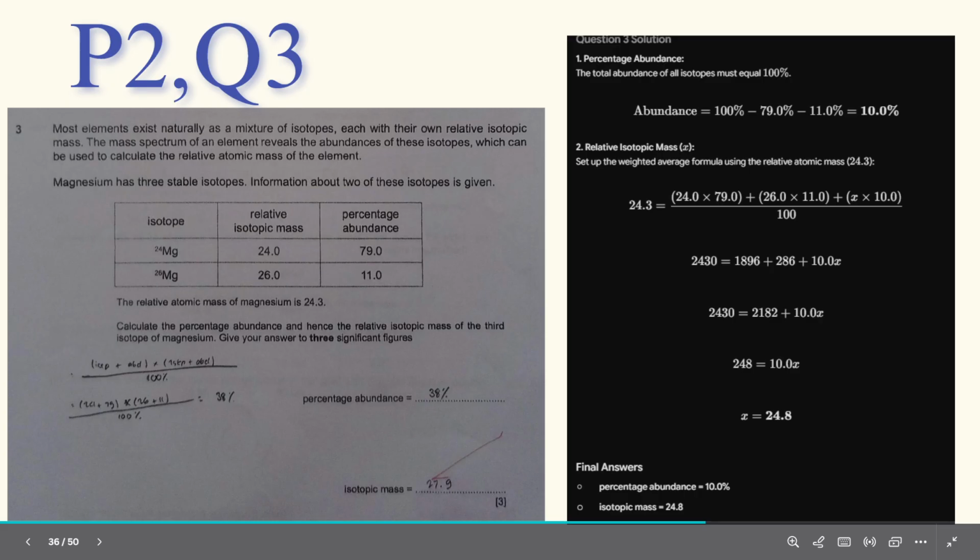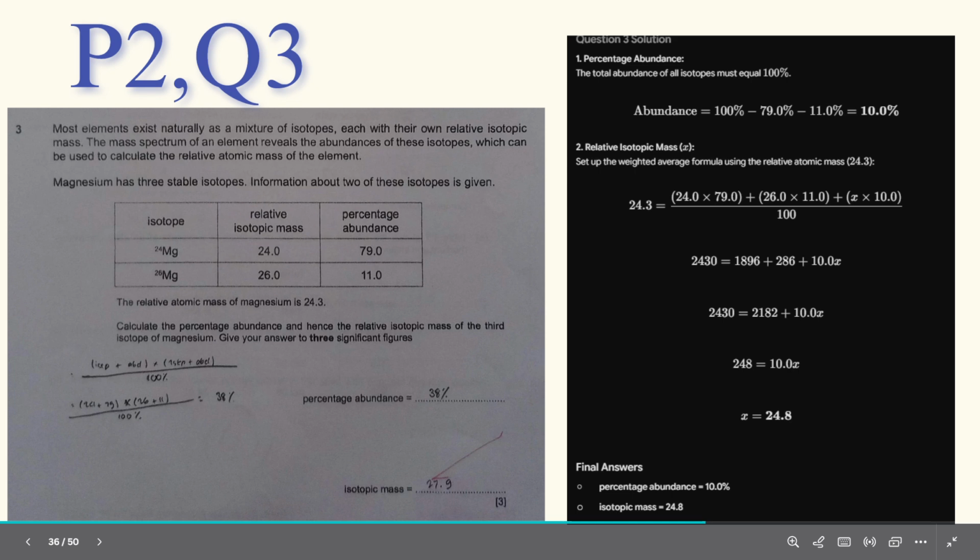Then we must calculate the percentage abundance. First, the percentage abundance is 100% minus 79% minus 11%, which equals 10%. And then calculate the relative isotopic mass.